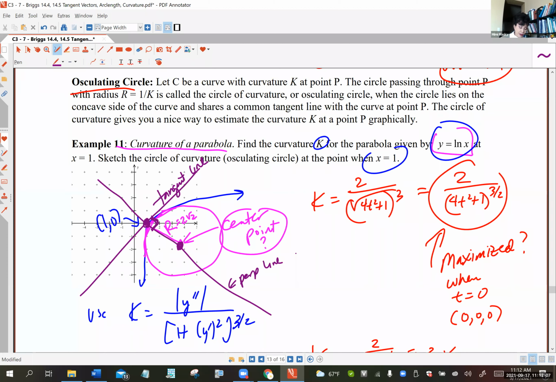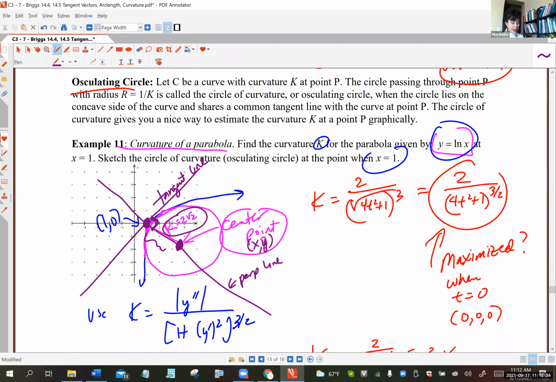That's where the center point is going to lie. And so then once we get that, we can use the distance formula, because we know the distance from this point 1, 0 to this point that lives on the perpendicular line is 2 square root of 2. And so then we'll be able to figure out the unknown, the center point. Because right now we'll just give the center point coordinates of x, y. I have no idea what it is, but we'll figure it out.